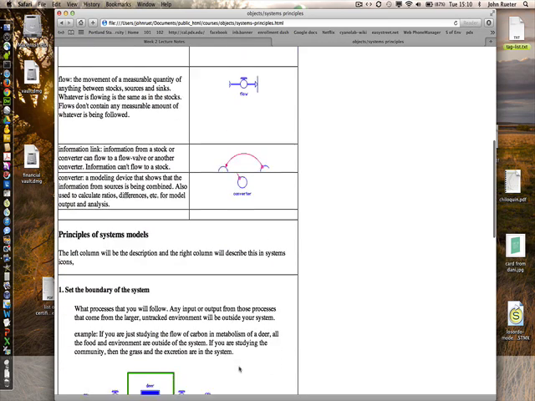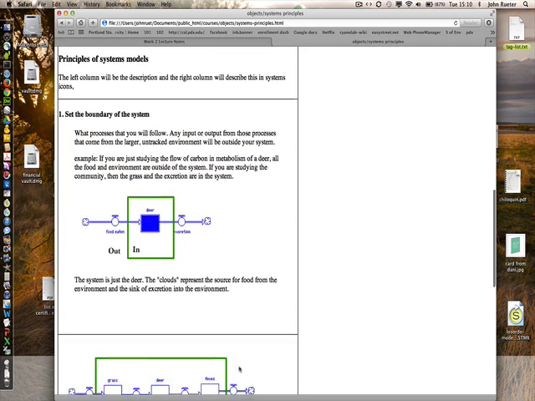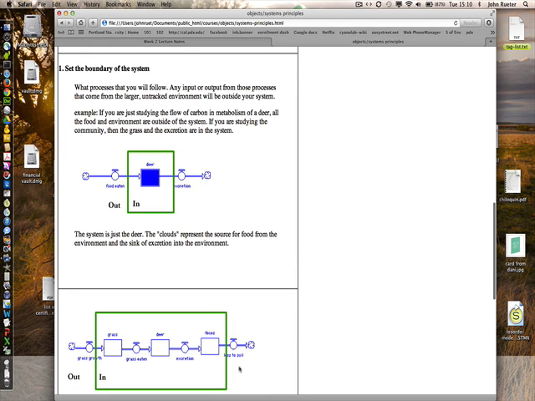Now, to get started, what we want to do is set the boundaries of the system we're looking at. And here are 2 different examples. If we were just going to look at deer and how much food, we might be counting the deer, and then where the food comes from and the flow in would be out of the system, and where the feces are excreted, that's out of the system. We're only looking at the deer.